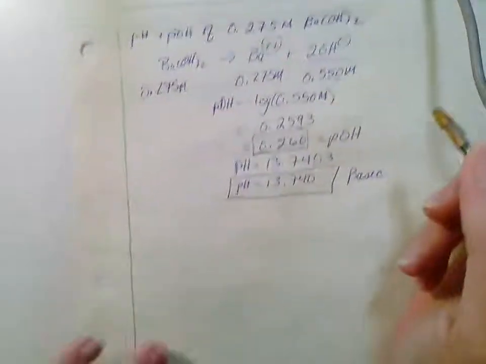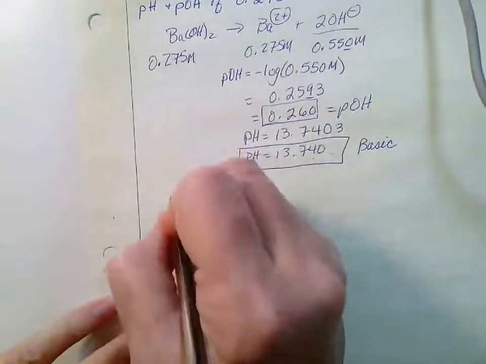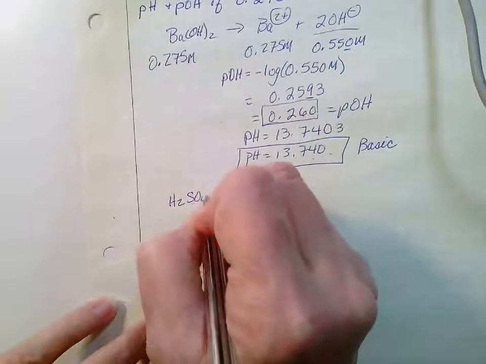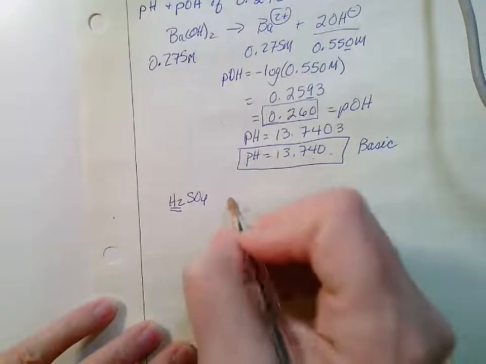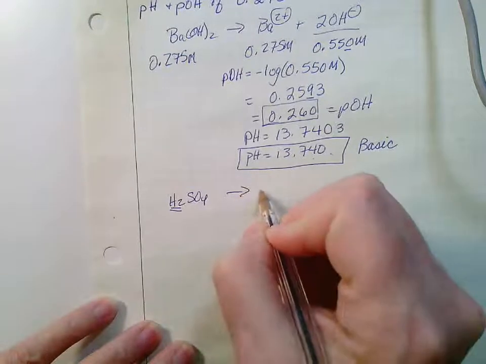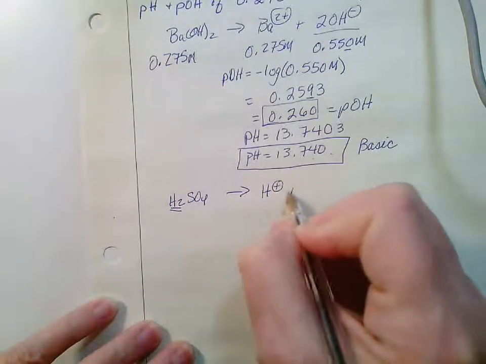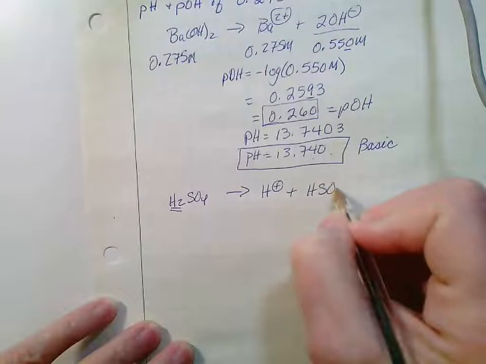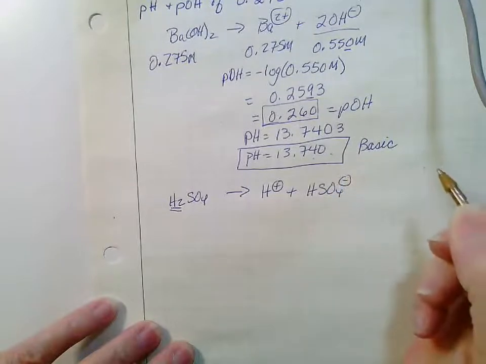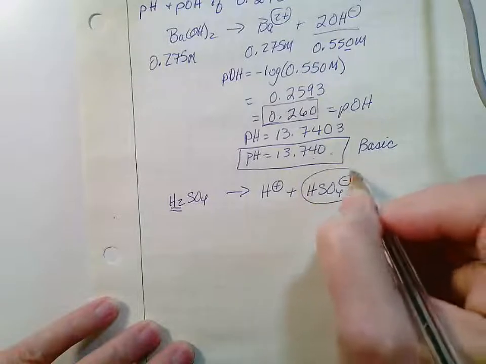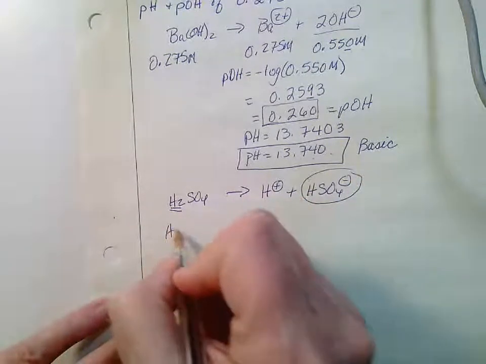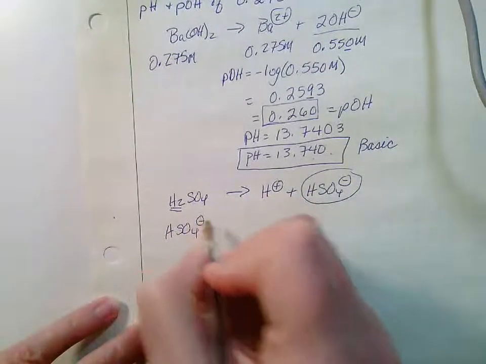So what if we had something like H2SO4? That first hydrogen completely dissociates, and when I write this reaction, I will get hydrogen ions plus hydrogen sulfate ions. Then this one can dissociate some more, and so I can come over here and write it as a reactant.